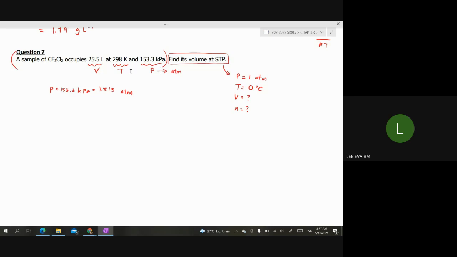Okay, so let's calculate the number of moles of our CF2Cl2 before we calculate the second part. PV = nRT. Calculate first the number of moles of CF2Cl2, this is for the first part.